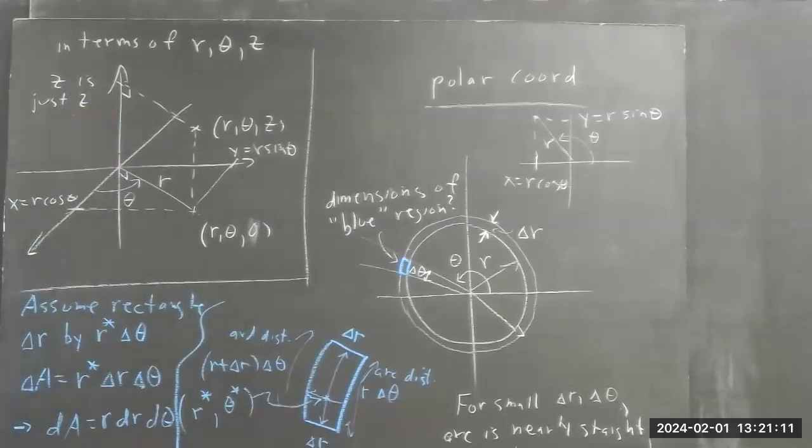And Z is just Z. It's the same in rectangular as it is in cylindrical.